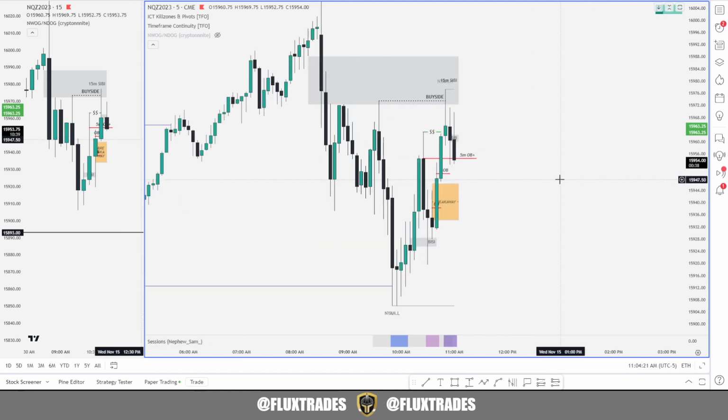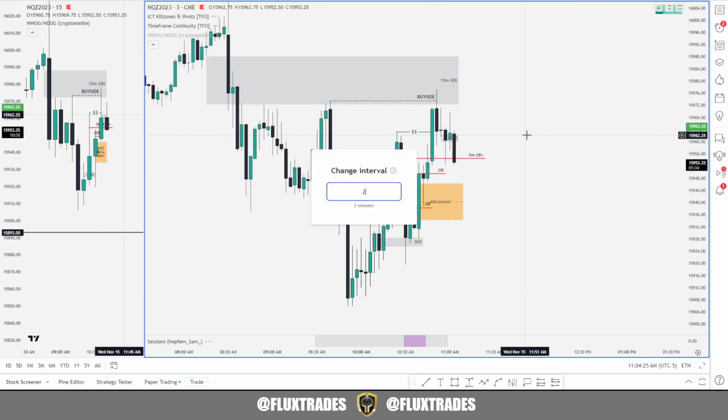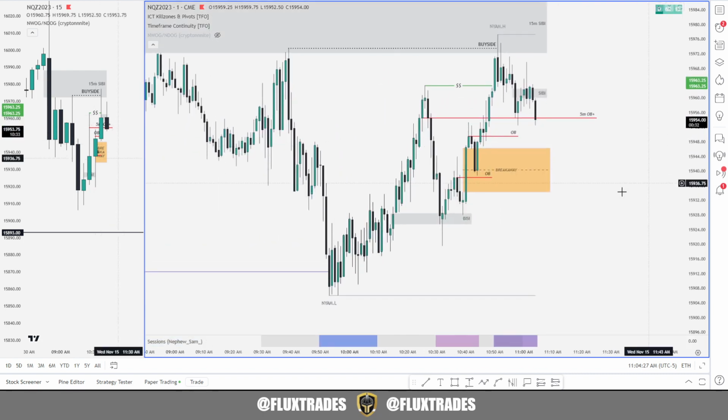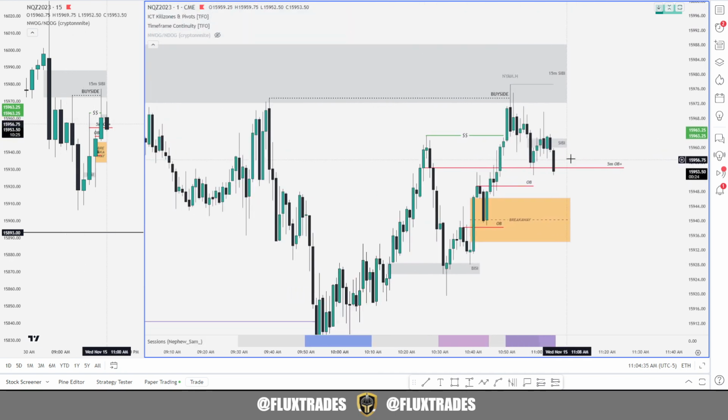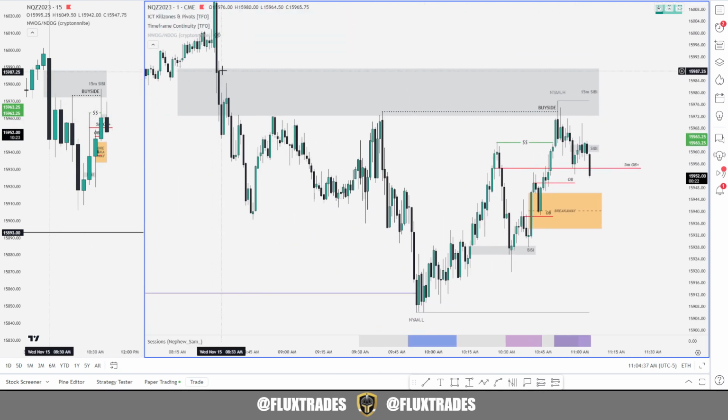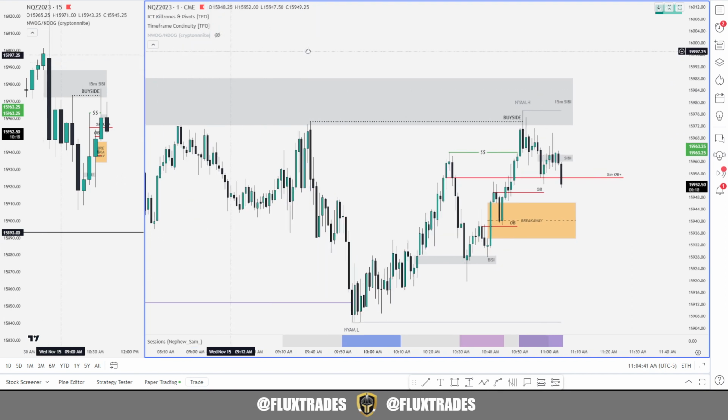Watch that 5-minute order block and the 5-minute BISI as well. So not too interested in the rest of the price action here. I'm still favoring buy side, or not the buy side, this short-term buy side and then the gap up here.